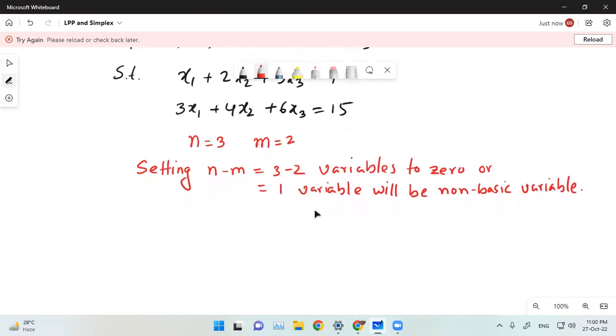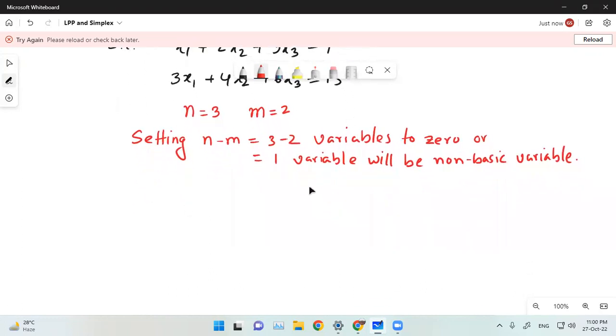Let's begin. Also, how many solutions are we going to have?